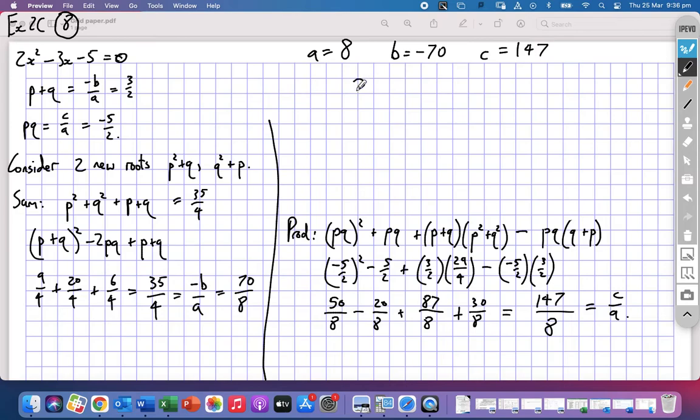So we're going to get 8x squared minus 70x plus 147. Don't forget these are roots, so it equals 0. And because they wanted all quadratics, we're going to whack an a out the front, which stands for any number you like, but the a cannot equal 0. Okay. Thank you.